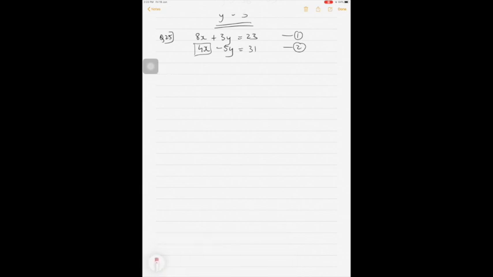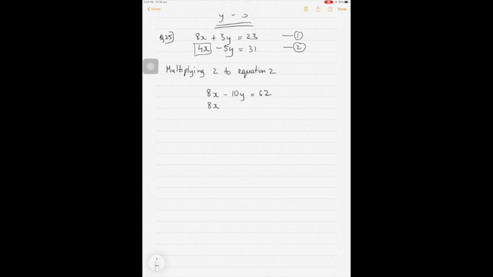I think it would be better if you write it. Multiplying 2 to equation 2. So when I multiply 2 to equation 2, it will become 8x minus 10y is equal to 62.